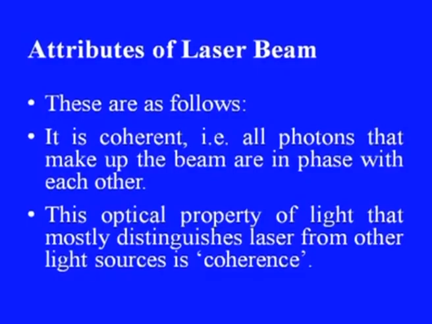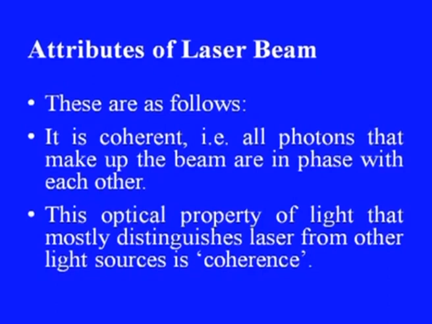Now, let us in brief see different attributes of a laser beam. The first and foremost attribute of a laser beam is it is coherent, that is all the photons that just now we have discussed that make up the beam are in phase with each other. This is a significant property or characteristic of the laser beam.